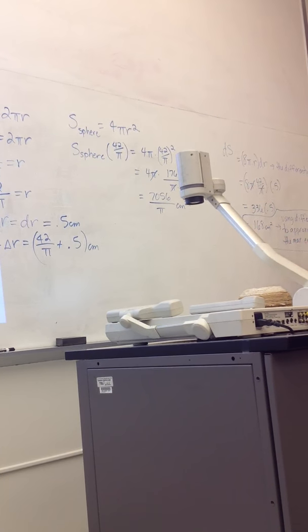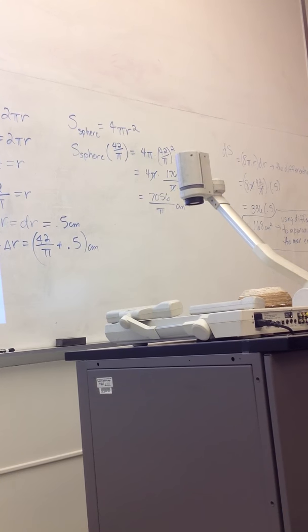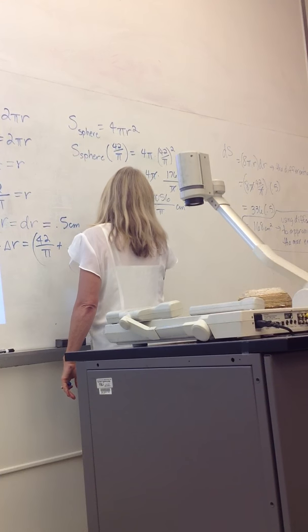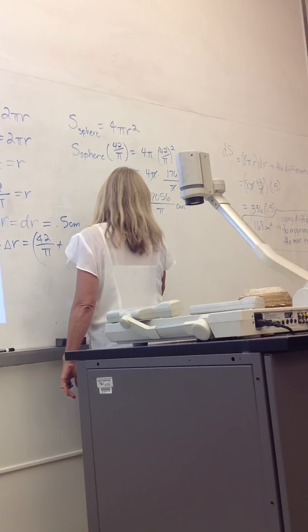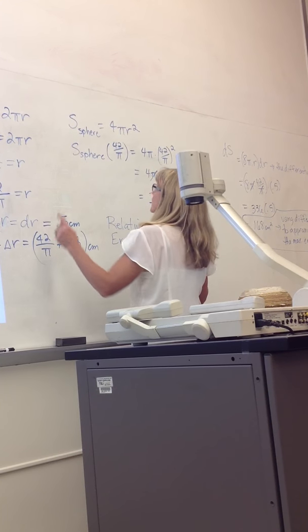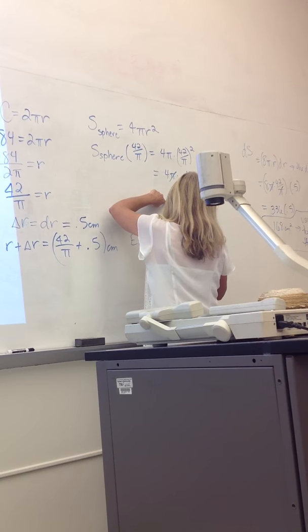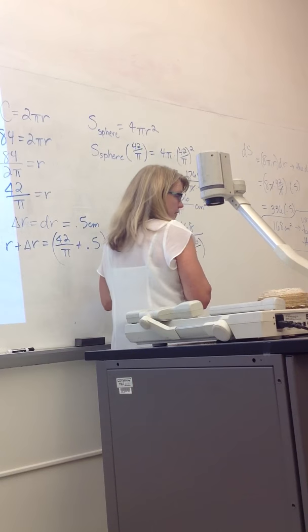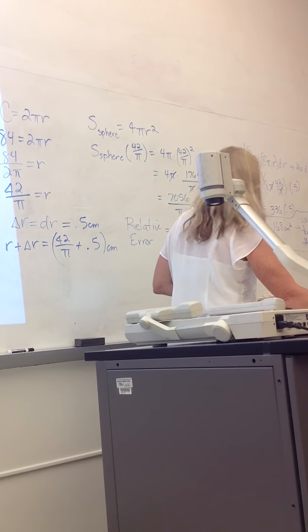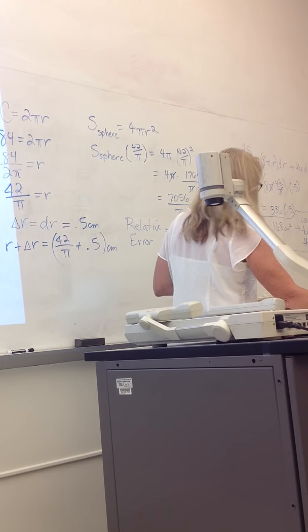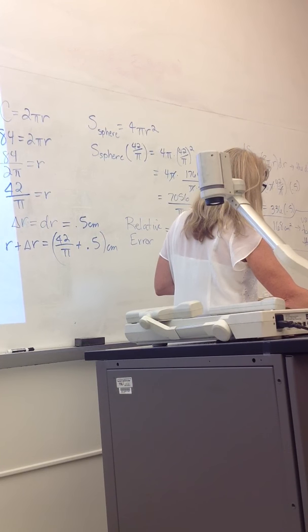So my relative error is 168 divided by 7,056 over pi. Let me go ahead and turn that into a percentage, because with pi, for it to make sense to us, we probably want to think of it in percentages.